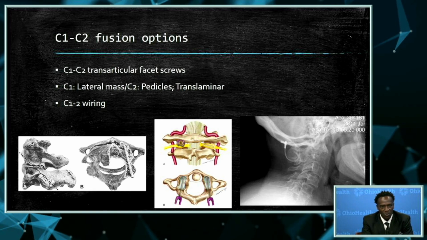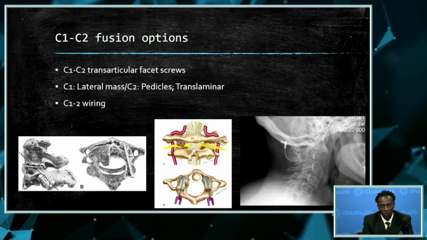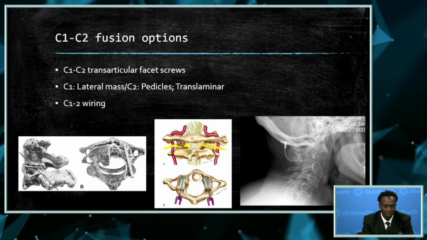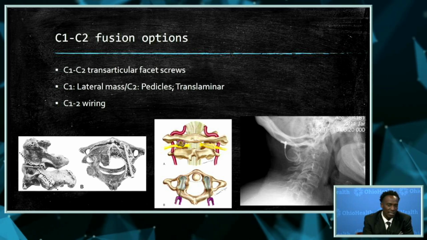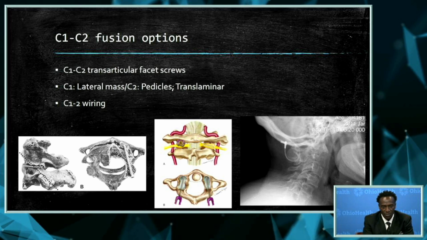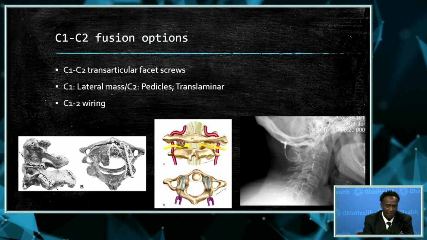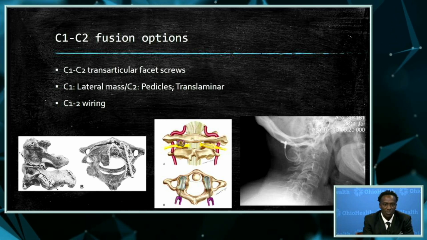That's really been our go-to. Then there's also wiring. At our institution, we've almost completely gone away from wiring. Years back, maybe we would have a few situations of wiring, but now with navigation, we've gone almost completely away from C1, C2 wiring.